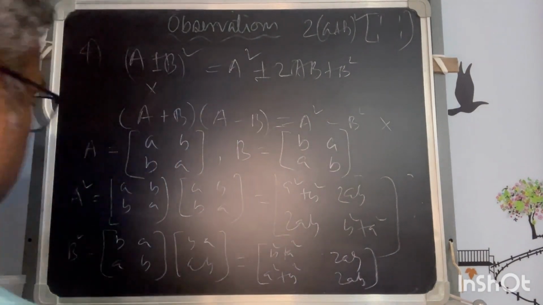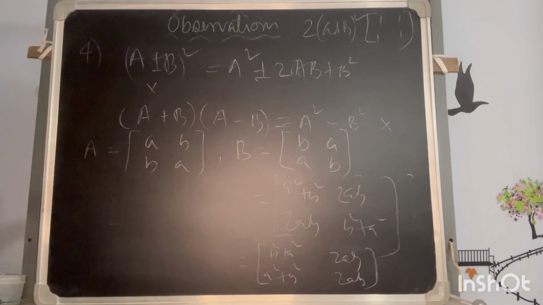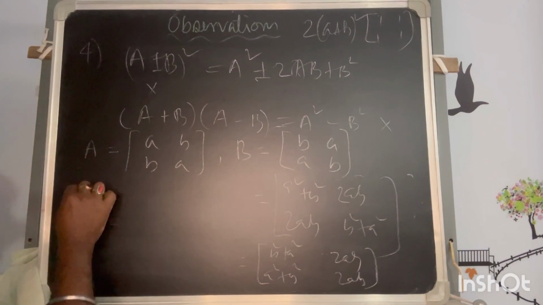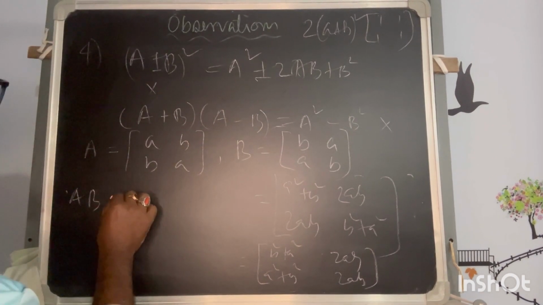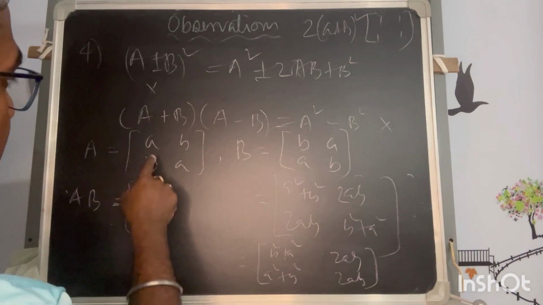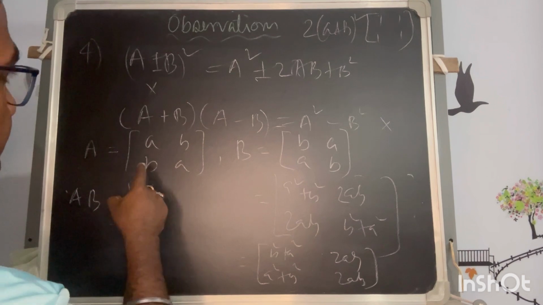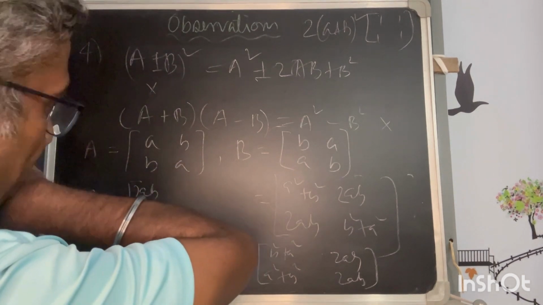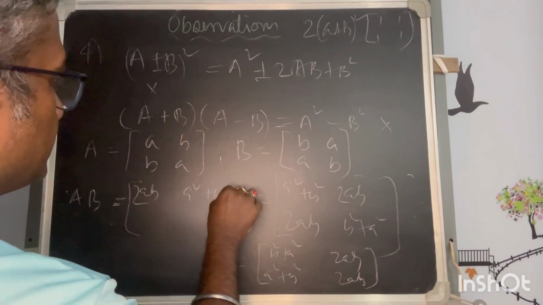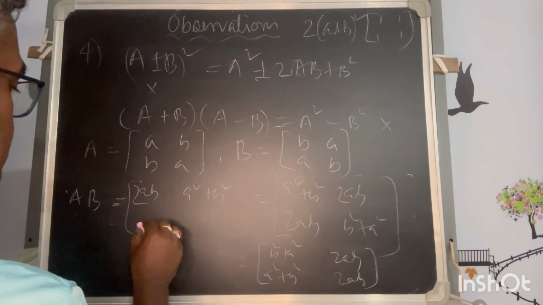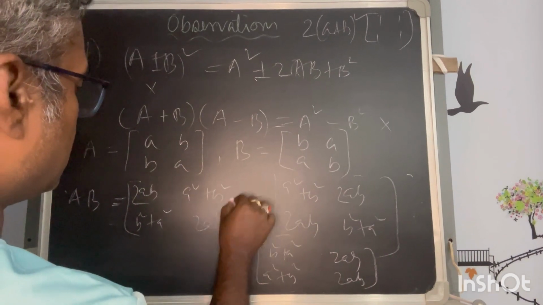So this will be the case, and if I calculate AB, sorry, A into B in the same order, this is equal to A into B, B into A, 2AB, A square plus B square, B square plus A square, 2AB, then again.